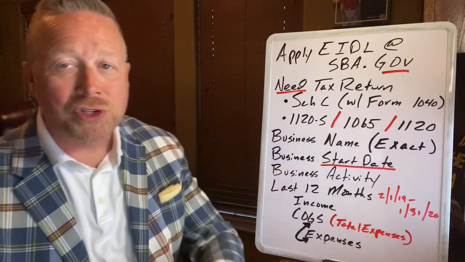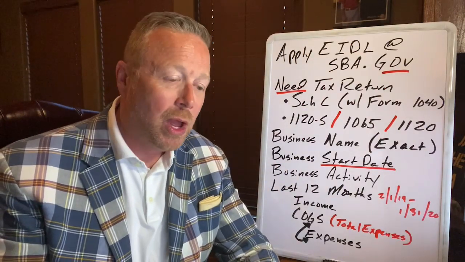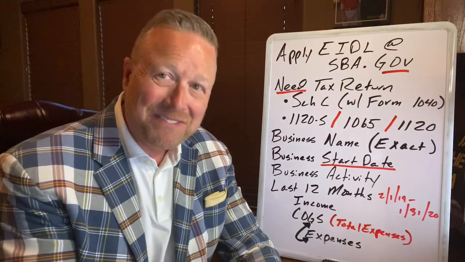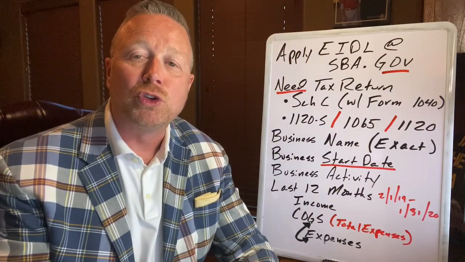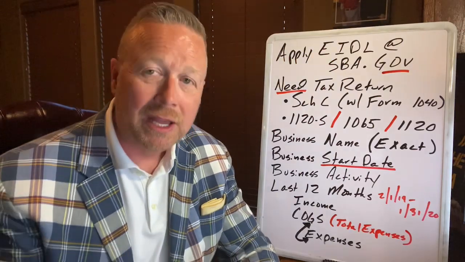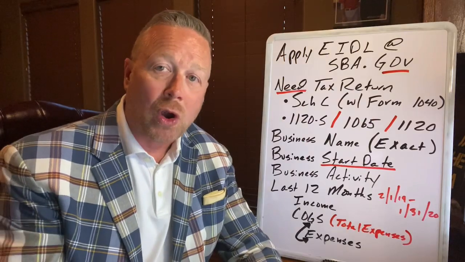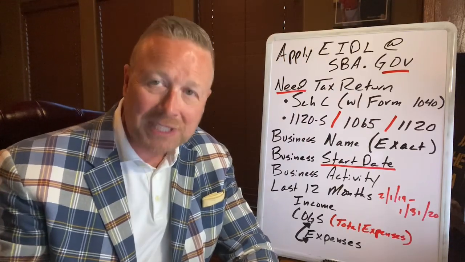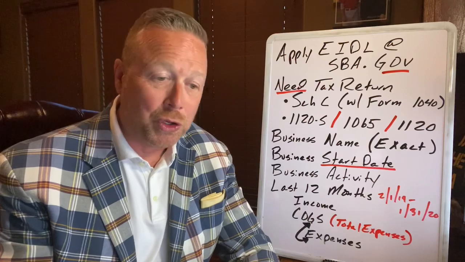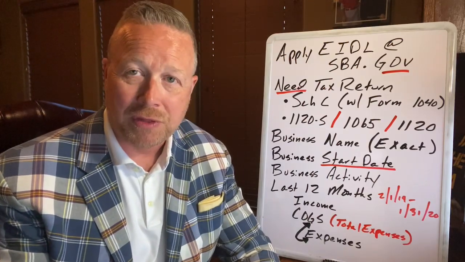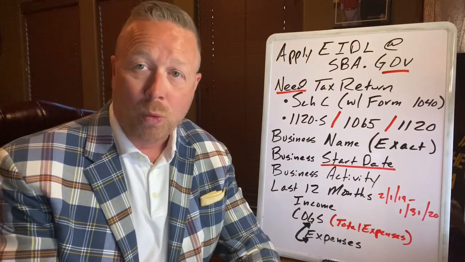And then the business start date. Okay, so for the Schedule C, there's not going to be a specific date, but they're going to know when you started filing that Schedule C. So you want to put down then the year that you started filing that Schedule C. And I would recommend just doing 1/1 of the year that you started it. So if you started your business in 2016, just put 1/1/16.